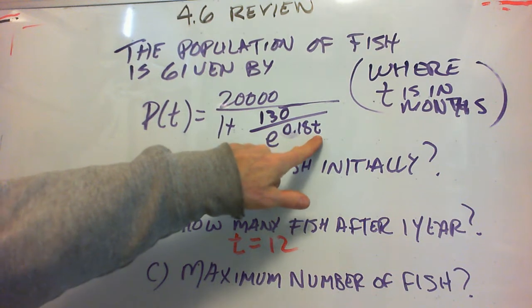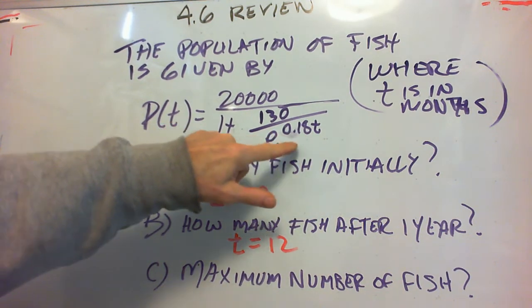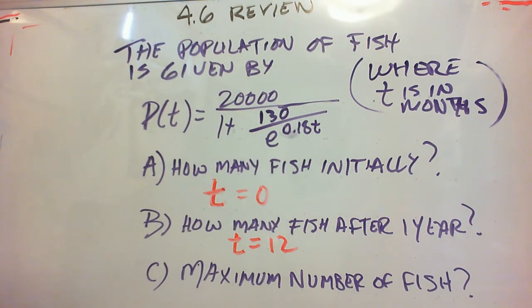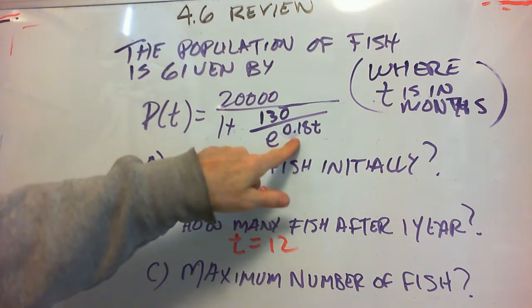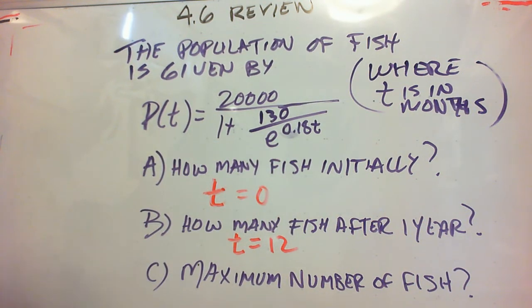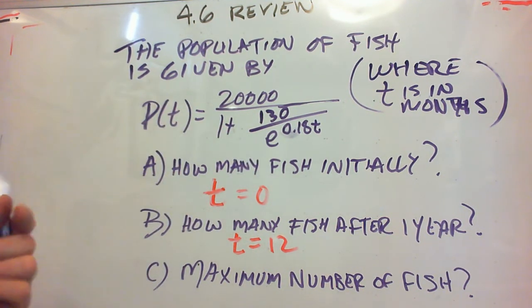Well, as t becomes larger and larger, that power of e gets to be a pretty big number. When t is 10, we have e to the 1.8 power. That's 6, which isn't much.